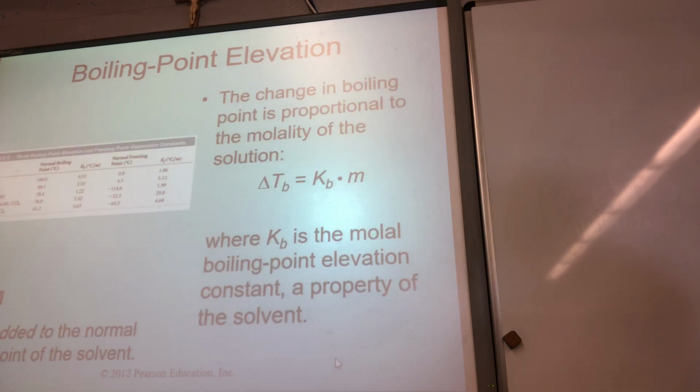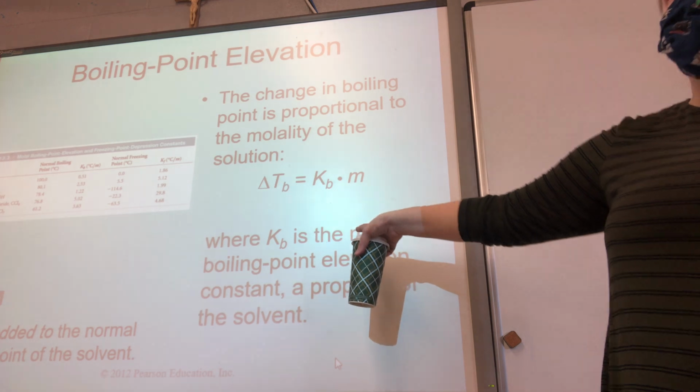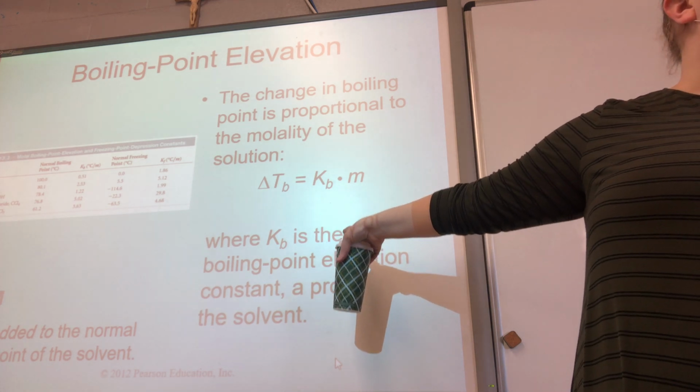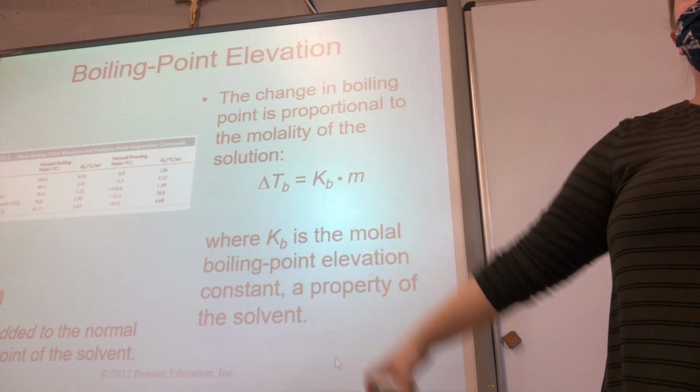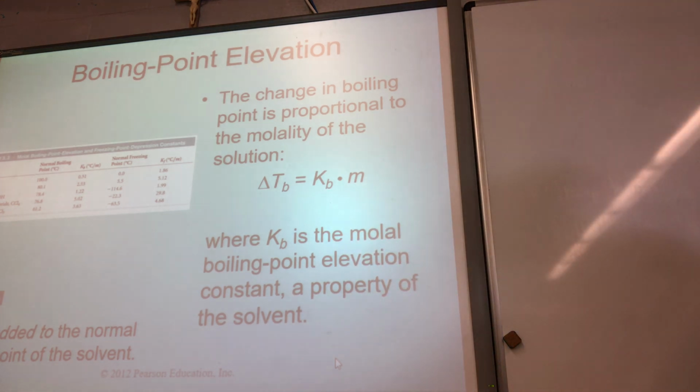Okay. When it comes to calculating the change in the boiling point or the change in the freezing point, we need to know the constant associated with the specific solvent that we're working with. So Kb is a constant, and this lowercase m is the molality of the solution you're dealing with. We multiply a constant for the solvent that we're working with times the molality of the solution, and we get the change in the boiling point or the change in the freezing point.